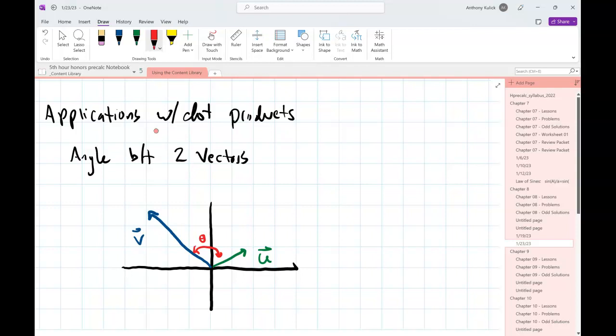So let's say we have some vector u and some vector v, and we're looking to find the angle between these two vectors. Everybody's okay with that?